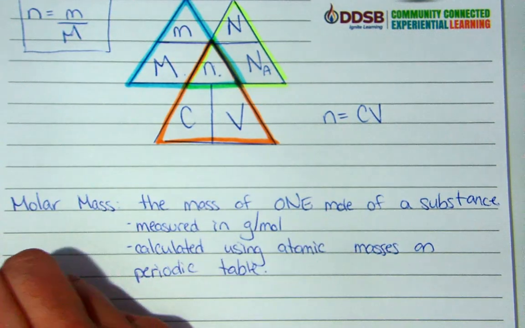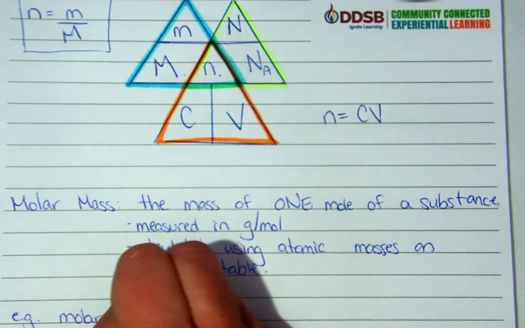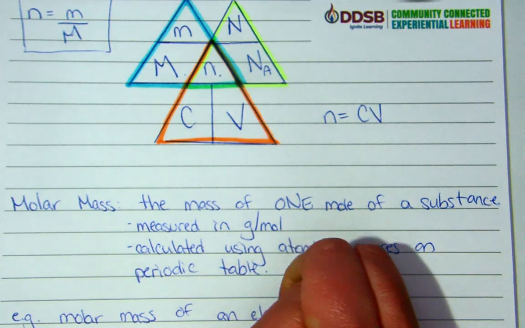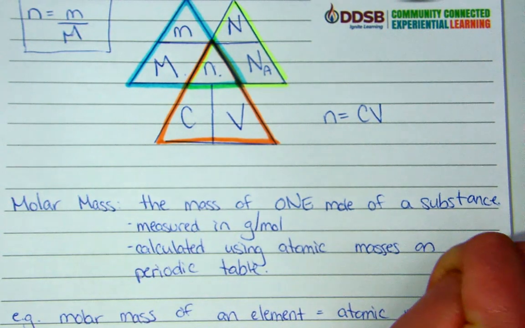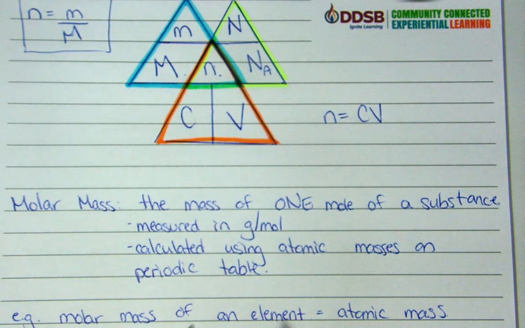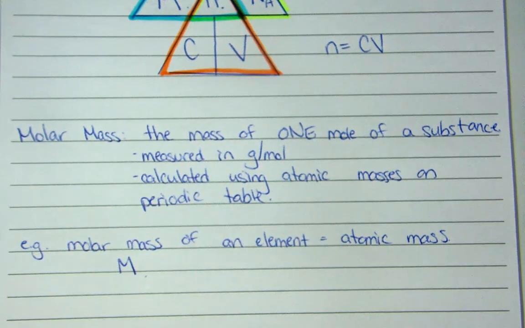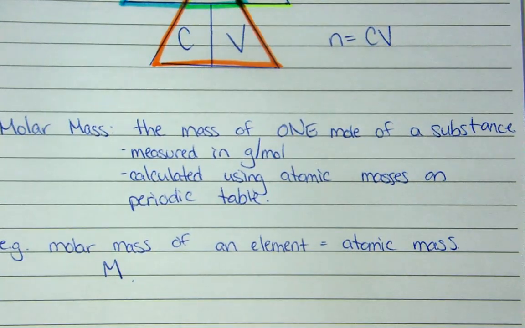So for example, molar mass of an element is equal to its atomic mass. And take a look at how I'm going to note it now, what sort of notation I'll use. So uppercase M, that is the symbol for molar mass. You know that now. I've said it multiple times already in the 4.5 minutes I've been talking.